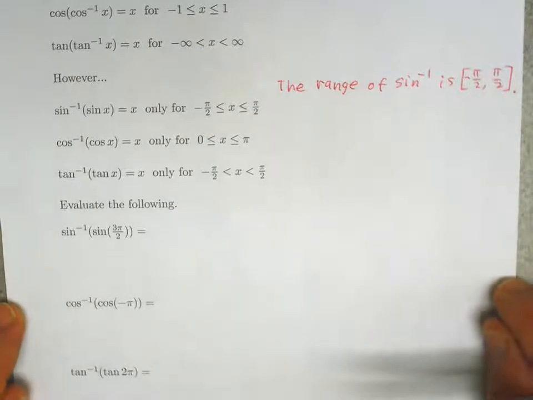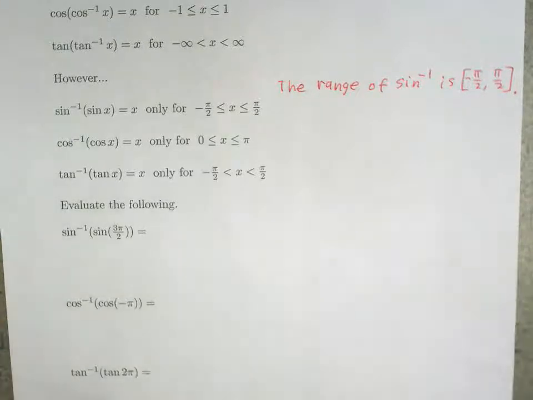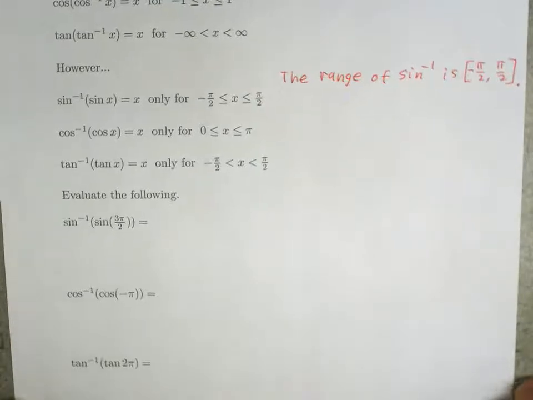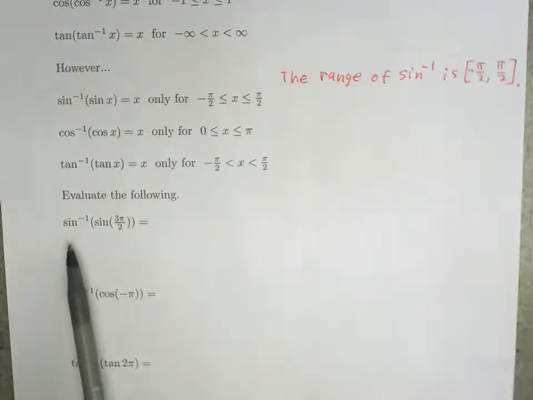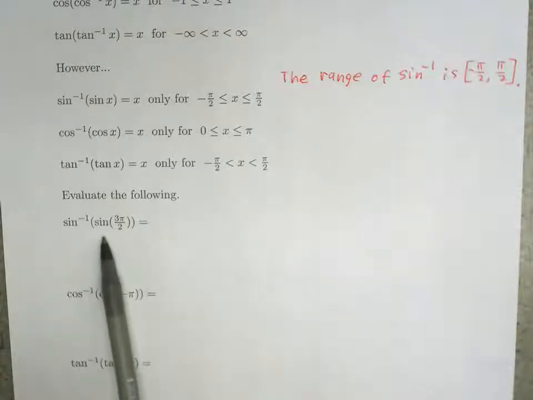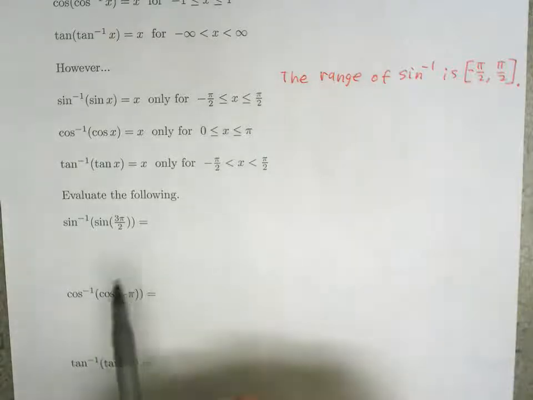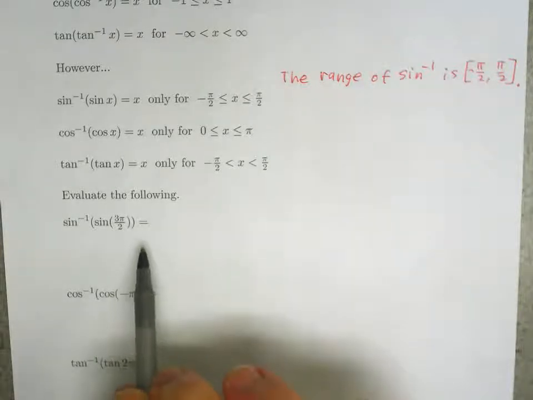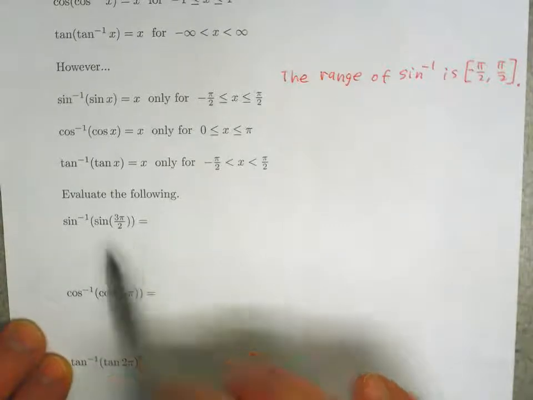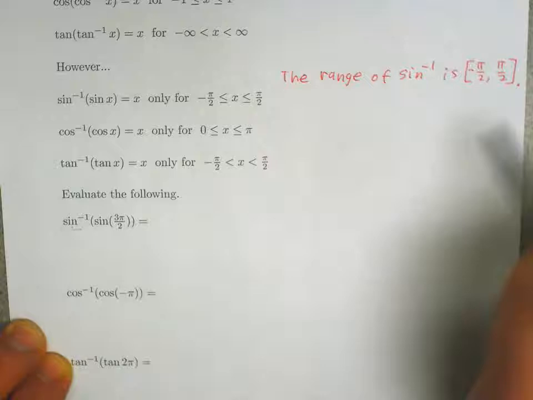Okay, so let's try that out on some specific examples. Evaluate the following. The inverse sine of the sine of 3pi/2. Well, this cannot be 3pi/2 because 3pi/2 is not in the range of inverse sine.